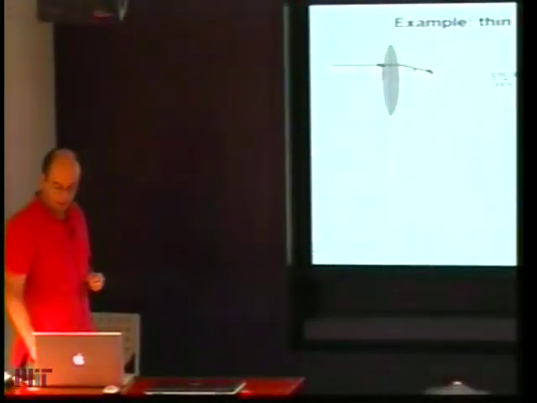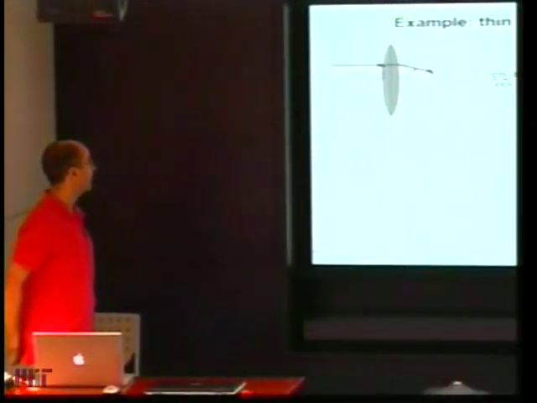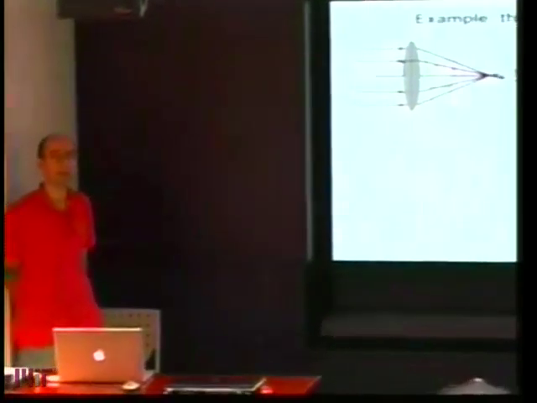So this means that if I let the ray propagate by a quantity equal to this magical amount that appeared in the lens maker's formula, then the ray will hit the axis. So the ray will land on the optical axis.